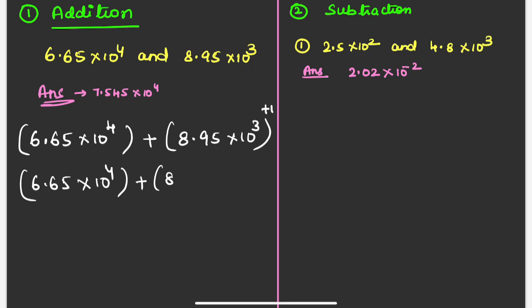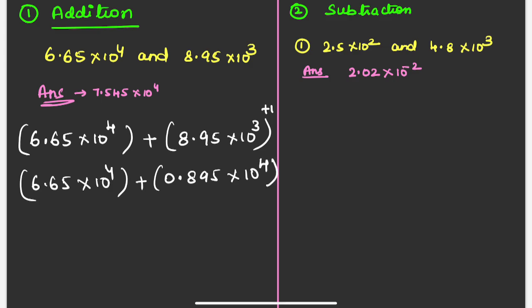If you are adding plus 1 to the power, it means you are going to shift this point to the left. If you are shifting the point towards the left, the power will be plus 1. So you will write 0.895 into 10 to the power of 4, because 3 plus 1 becomes power 4.